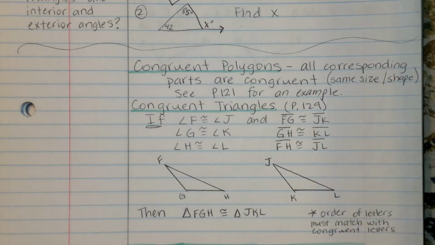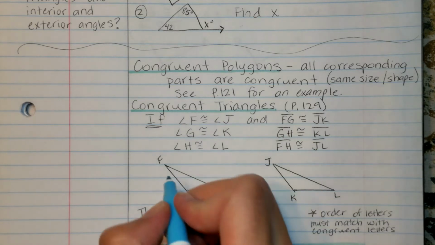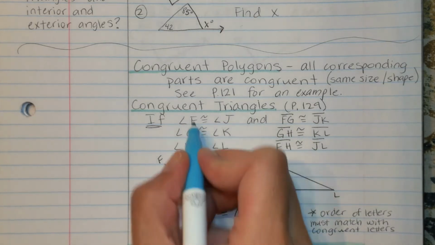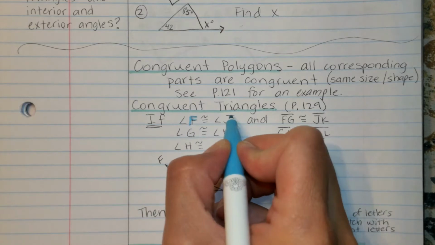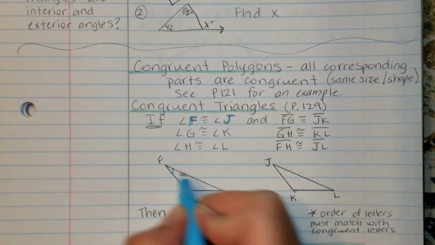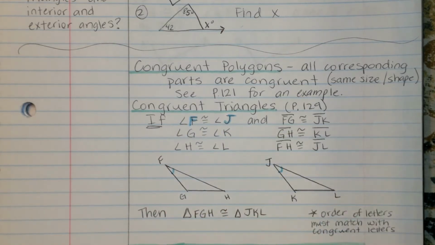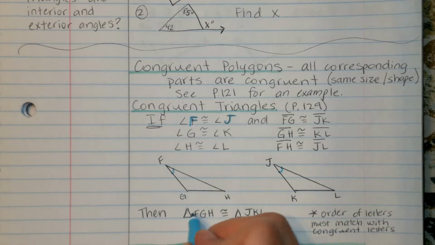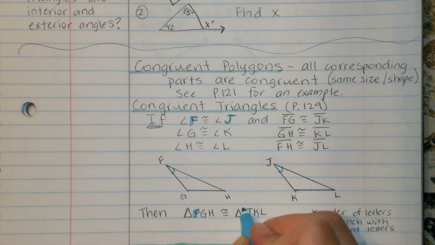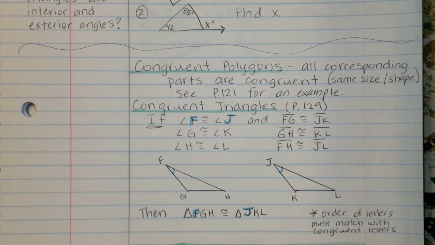So I'm going to mark the congruence. We haven't done this with triangles yet, so it's basically markings we've done already. If I'm going to mark that F and J are congruent, I can just do one little arc. Congruent angles. And then I just want to show you that that's where F and J are. So I'm using color to show you guys.